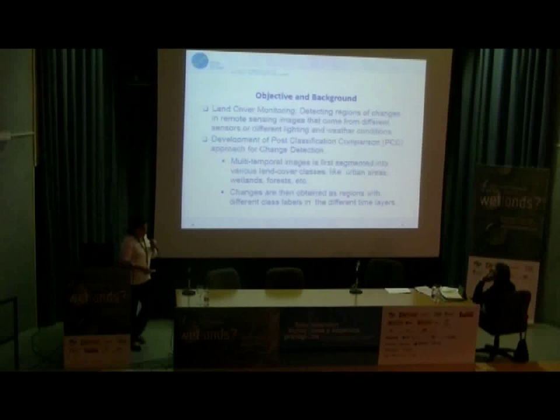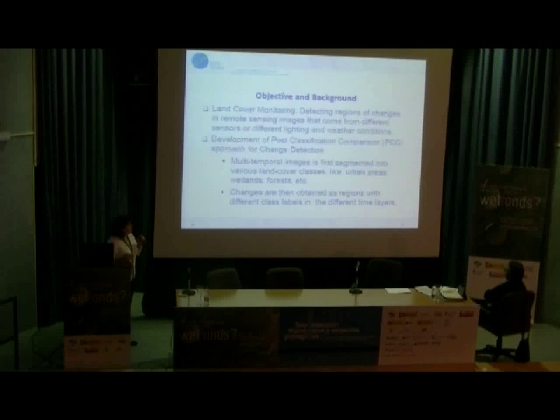So as we know, it's very important to monitor land use changes to understand the natural as well as the human-made environments. So our purpose was to develop an algorithm, a cross-classification comparison model, for detecting regions of change in remote sensing images that come from different modalities, different sensors, or different weather conditions.